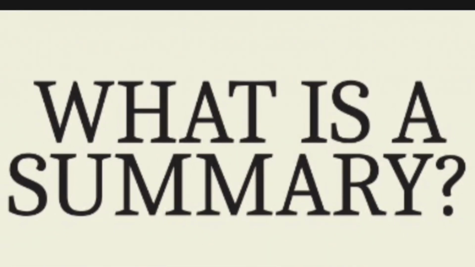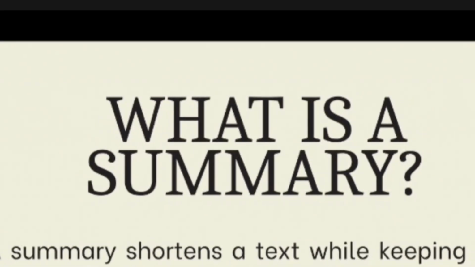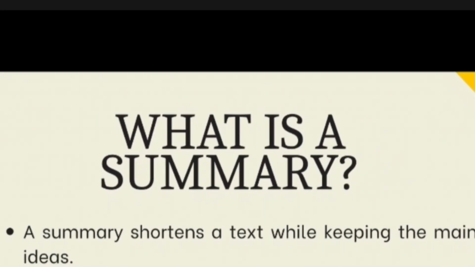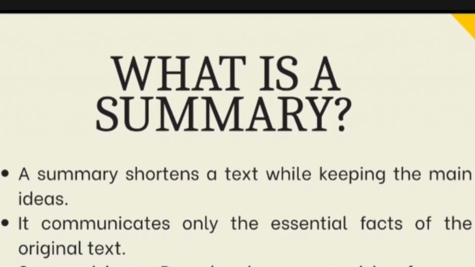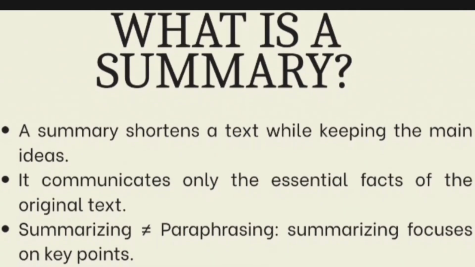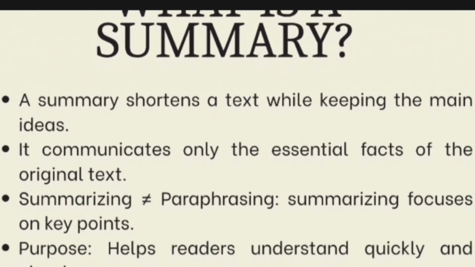Before we discuss the last topic, let us recall first what a summary is. A summary shortens a text while keeping the main ideas. It communicates only the essential facts of the original text. Summarizing is not equal to paraphrasing. Summarizing focuses on key points.